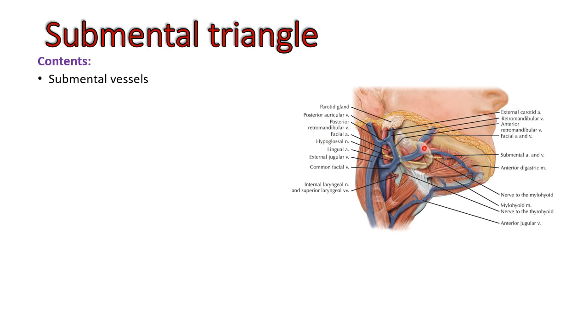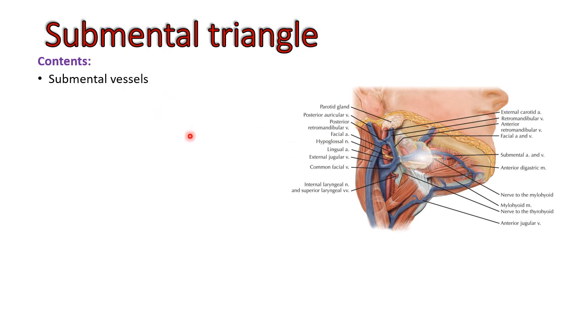The submental vessel is a branch of the facial artery. They mainly supply blood to the mylohyoid muscle and structures over the chin.